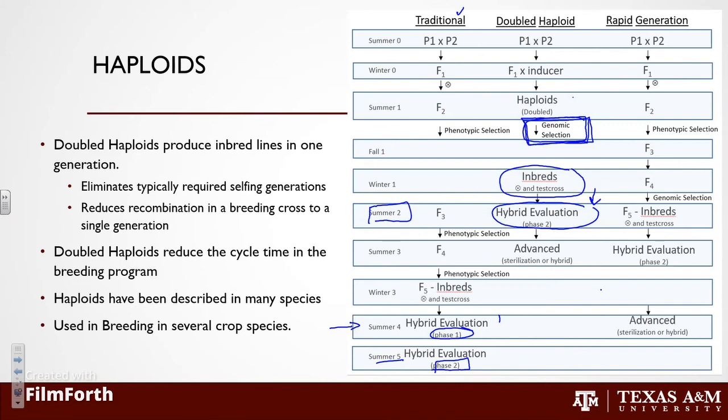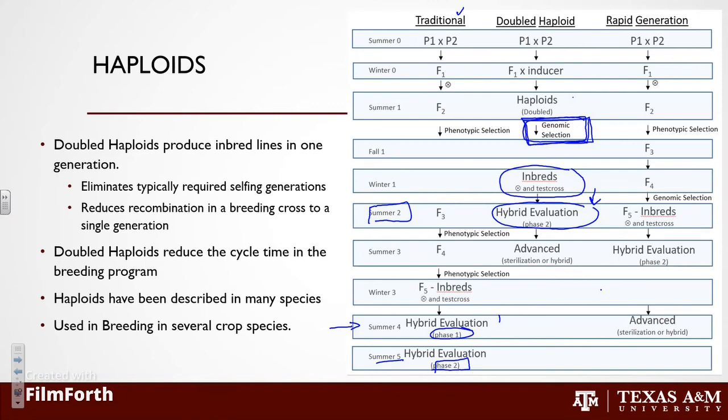And that's why these two systems, genomic selection, which others are talking about, and doubled haploids, are so co-linked with each other, because they synergistically improve the efficiency of the breeding program by allowing you to produce inbred lines quickly and then predict their performance and move on to advanced phase testing very quickly.